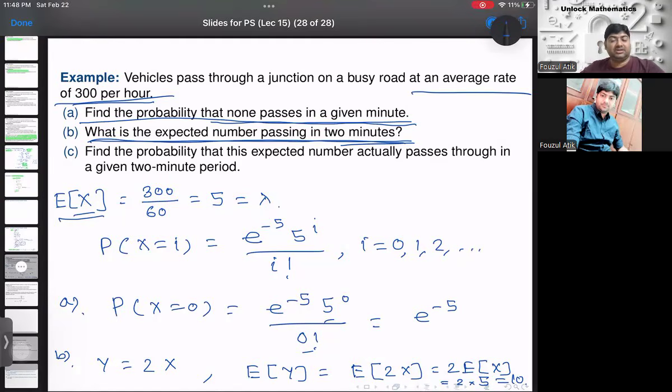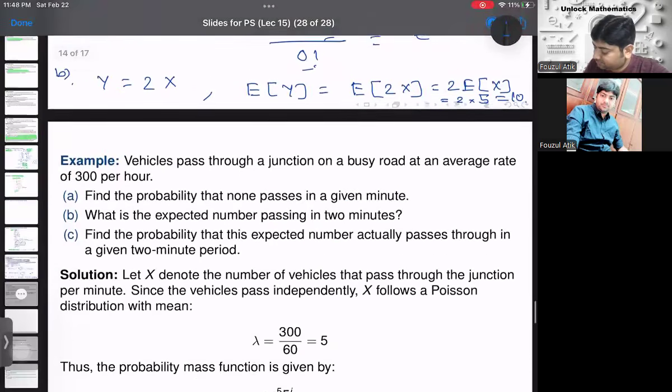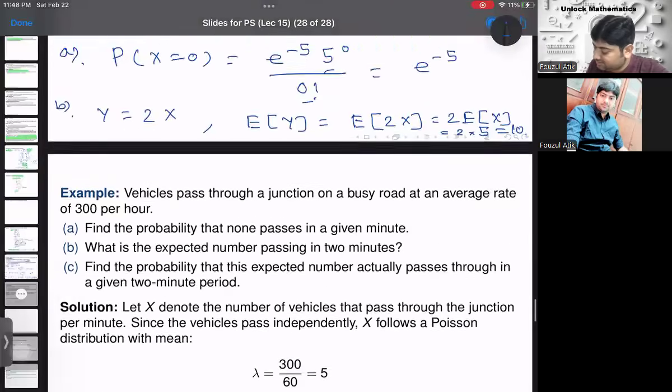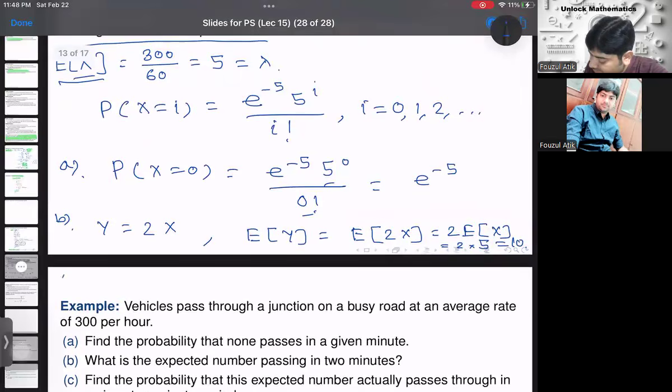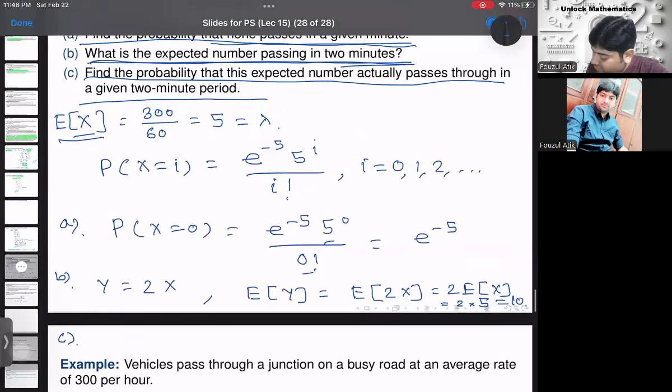Now what is the next question? It says find the probability that this expected number actually passes through in a given 2 minute period. So basically, in this case, you have to find the probability of Y equal to 10.